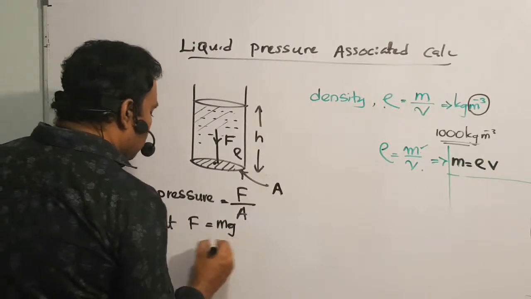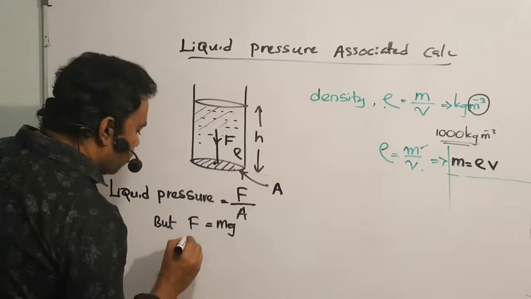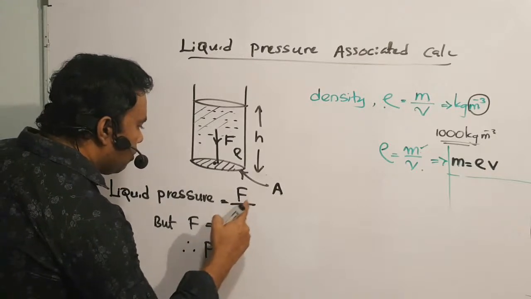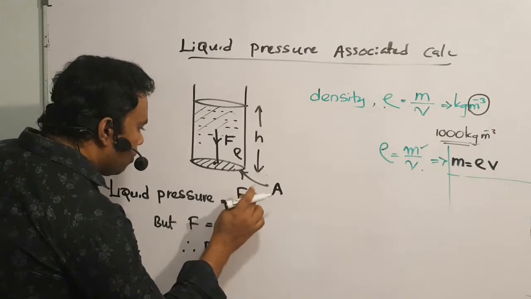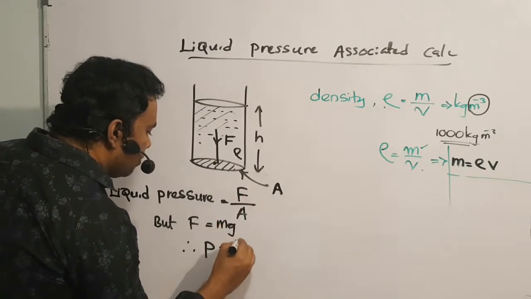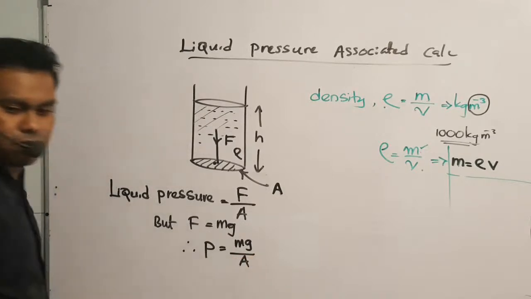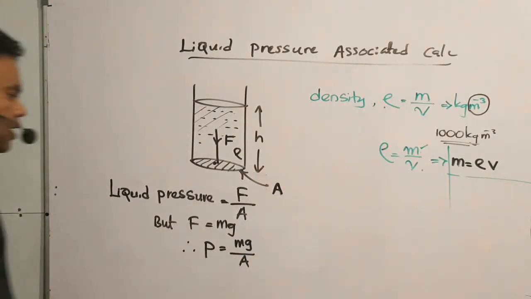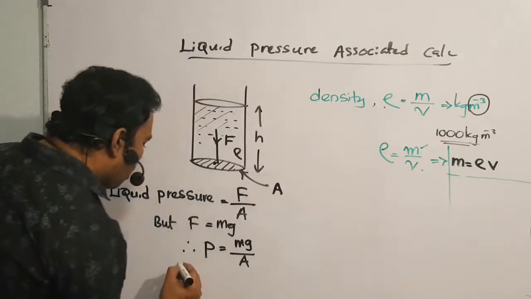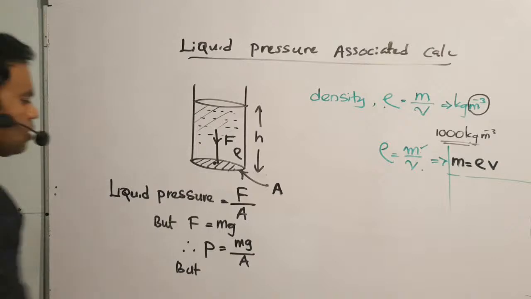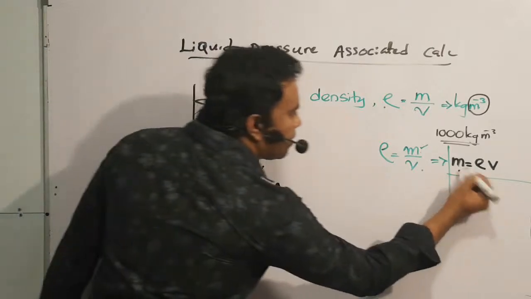Therefore, pressure equals, instead of force, we can put mg upon area. But what is mass?